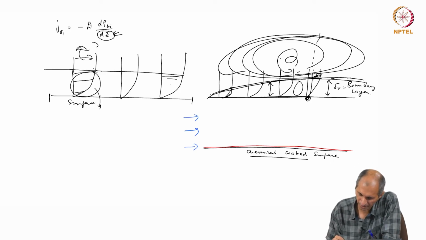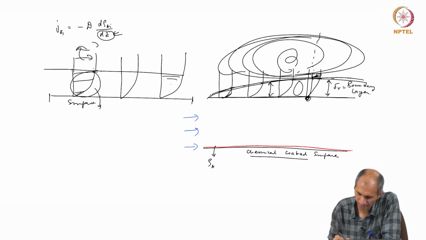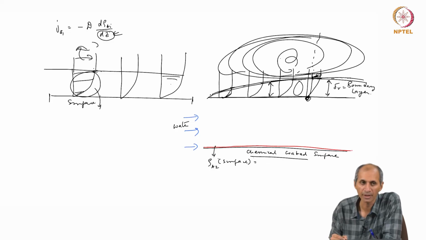This boundary layer here, the concentration of a chemical, let us say this is water, the concentration of the chemical at the surface will be the highest concentration.